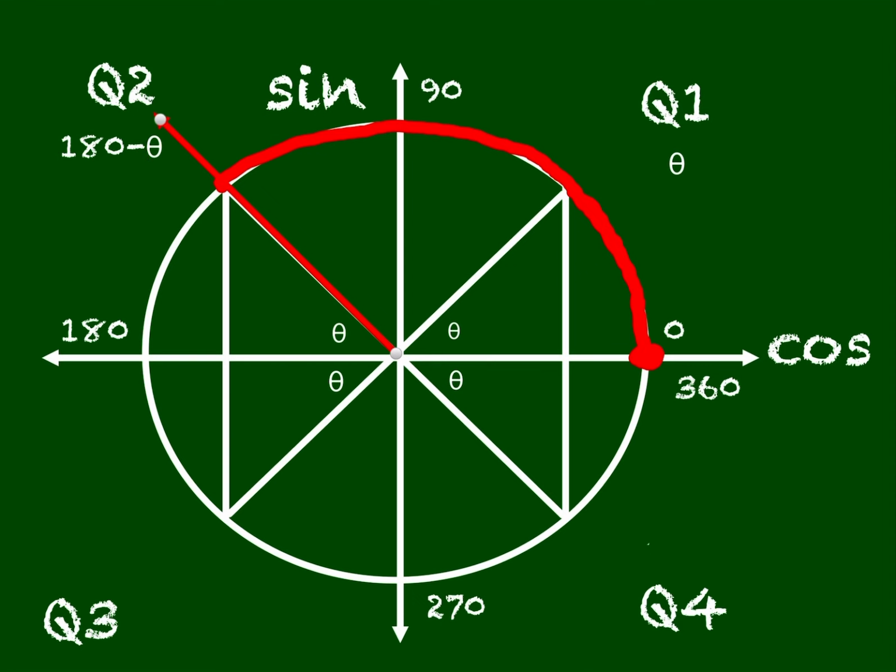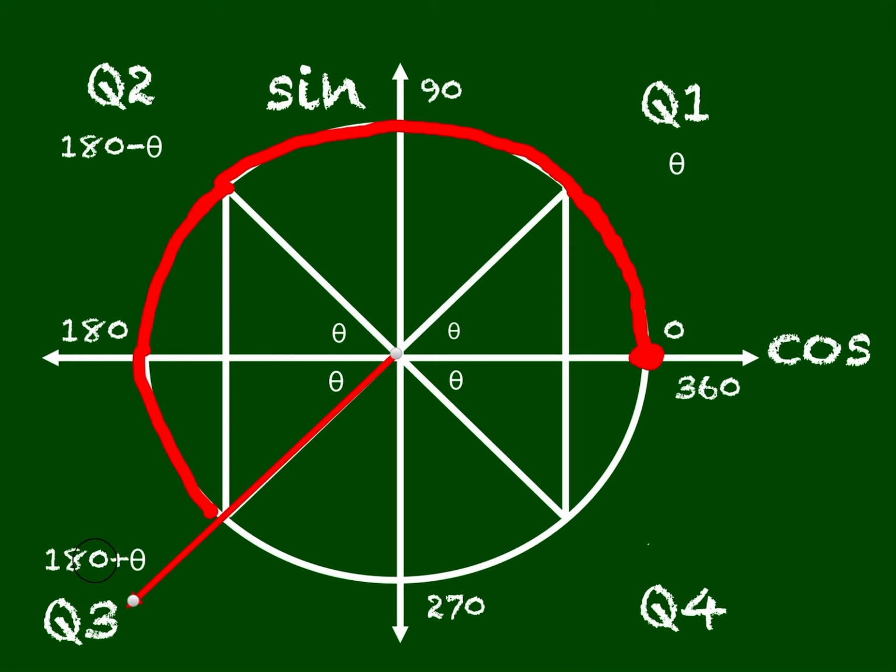If we continue generating the angle, I mean we came here, in that way how much angle do we generate? 180 plus theta. For that reason, this region's angle is called 180 plus theta. And one more time, I came here.